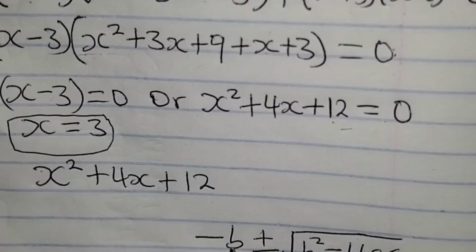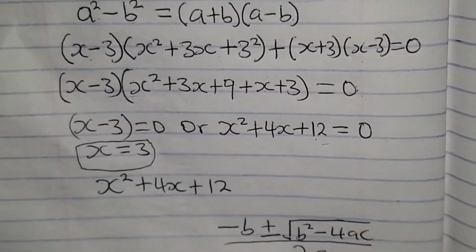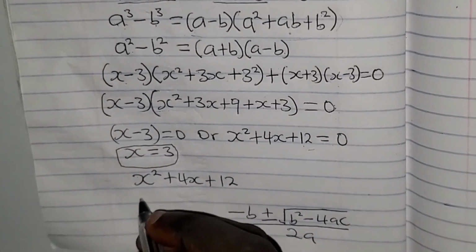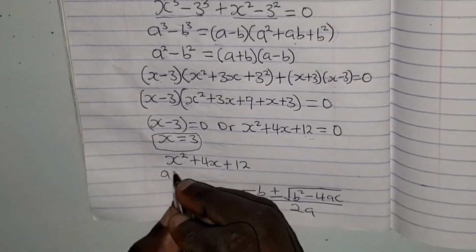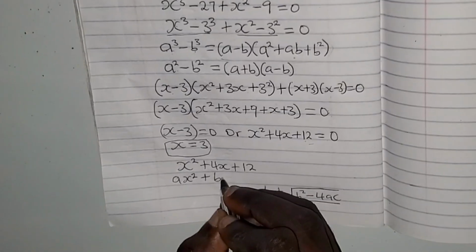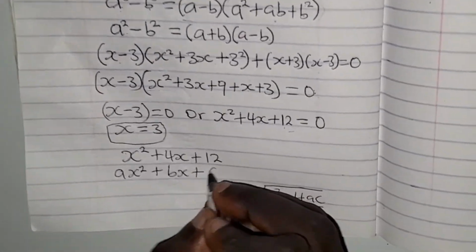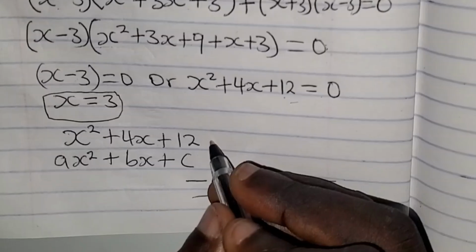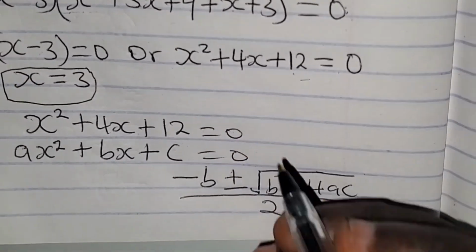So how can we get the values of a, b, and c? To get the values of a, b, and c, I will need to compare this with x raised to the power of 2 plus bx plus c. Mind you, this is equal to 0.